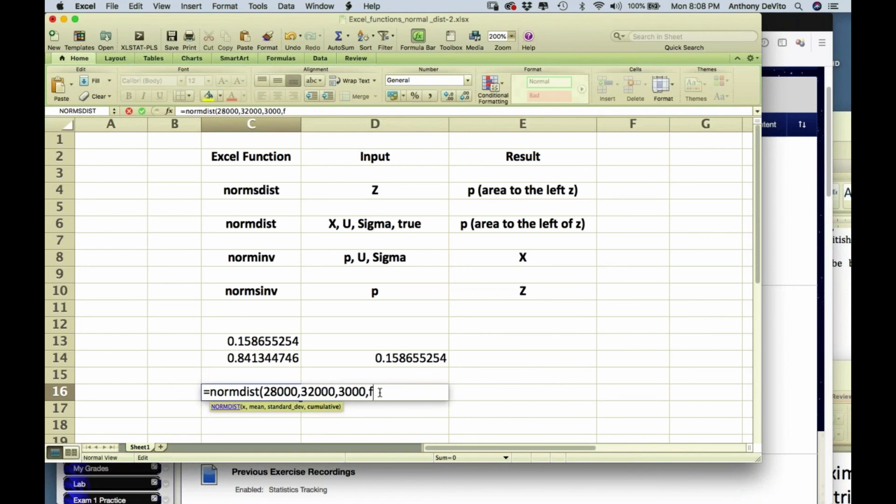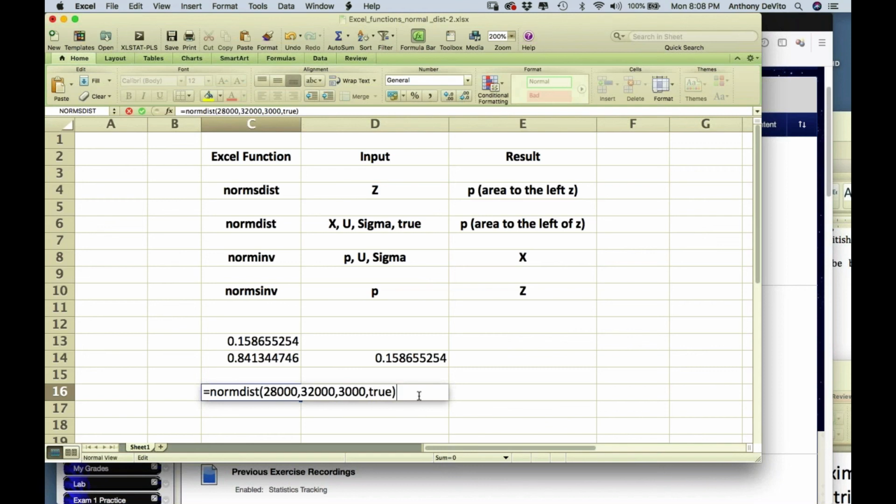Now, if I say false to that, it's only going to give me the area for that straight line that goes up and down. Basically meaningless. We're always going to say true. We always want the area to the left of that. Why it even asks you for cumulative to say true or false, I have no idea, because just saying false is basically meaningless, because that straight line that represents 28,000 has no area really anyway.